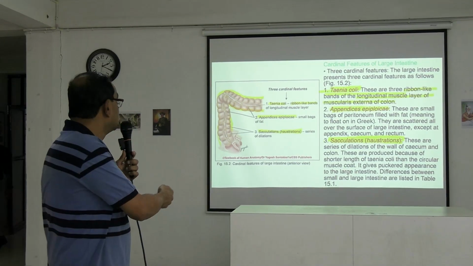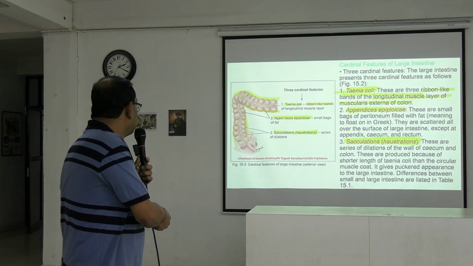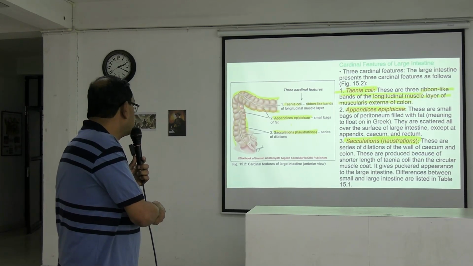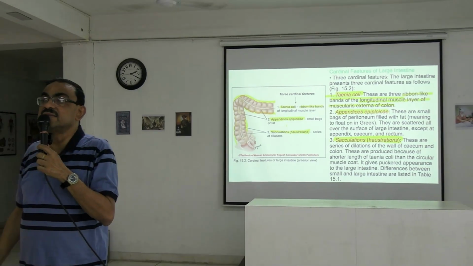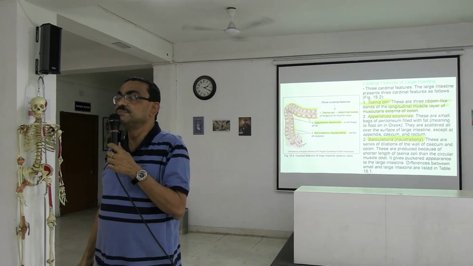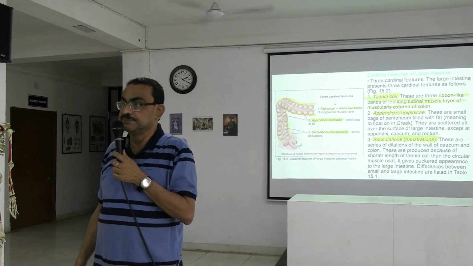And the third important feature of the large gut is that you can see some peritoneal pockets filled with fat. They are called appendices epiploicae.